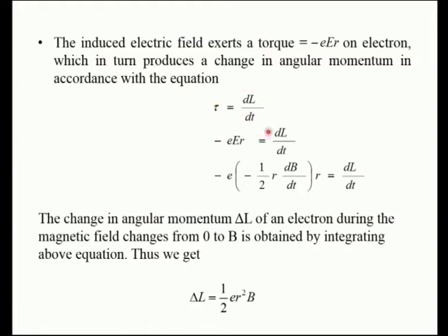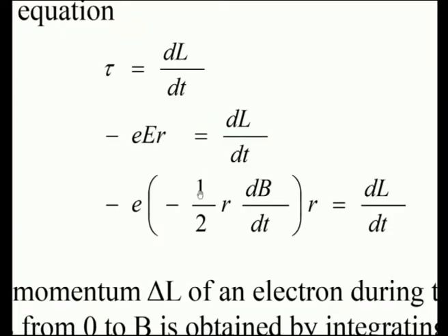This is a torque expression. Now we can write for this L, for capital E we substitute here, and so we have this one, and minus minus will cancel, and then on the right side we have dL/dt.